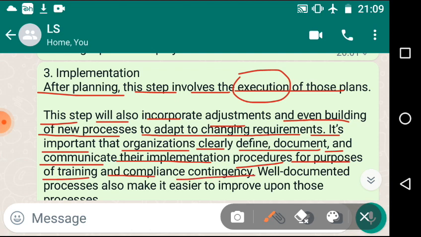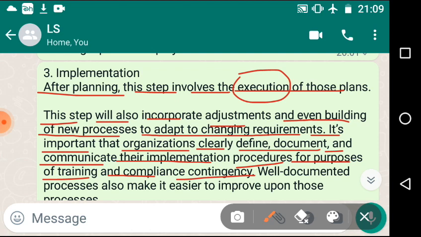The process that we are going to follow, we have to follow according to our EMS rules setup, and adapt to changing requirements. If change is required, we have to make that change, okay, for the benefit of the environment. It is important that organizations clearly define, document and communicate their implementation procedures for the purpose of training and compliance contingency.